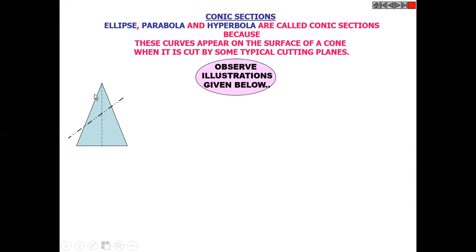So first of all, this is the cone, this is the base, and this is the axis of the cone. These two lines are the end generators of the cone. This is the section plane, which I can also call the cutting plane.